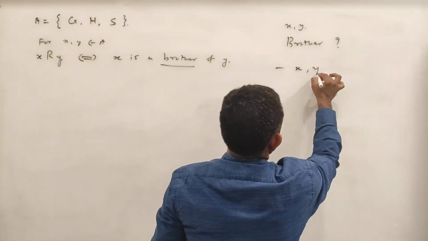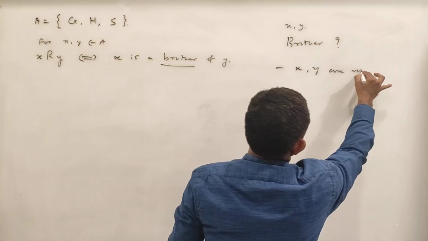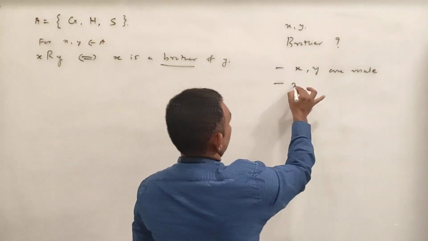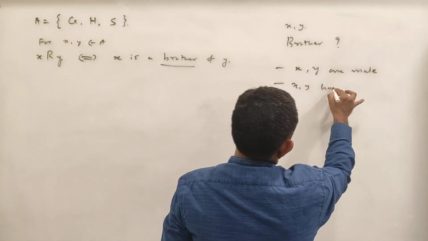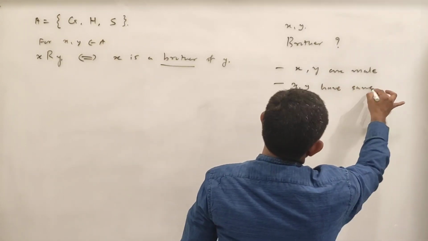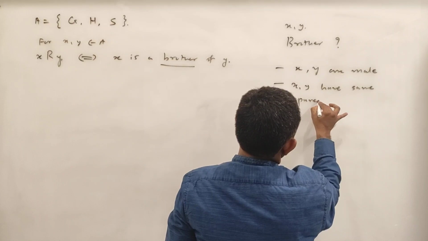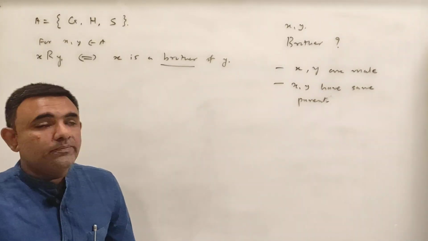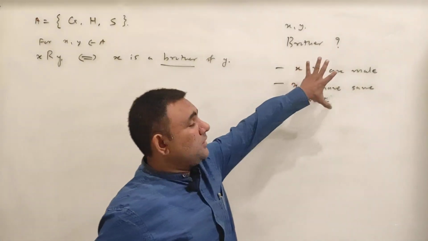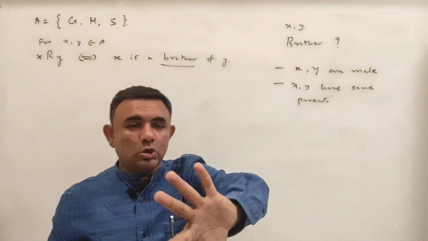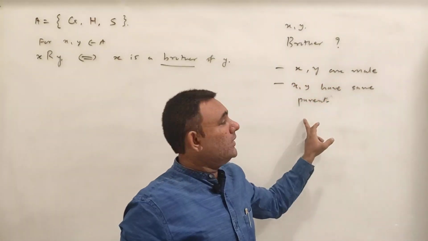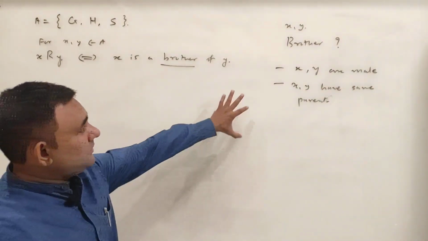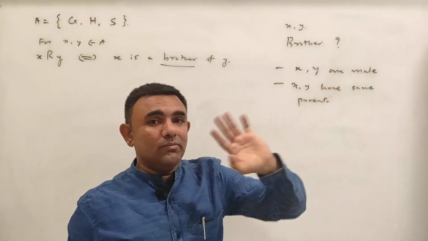First condition, both X and Y are male, and second condition, X and Y have the same parents. So this is the definition. The first condition is both should be male, and the parents of both should also be the same. Then I say that X and Y are brothers.